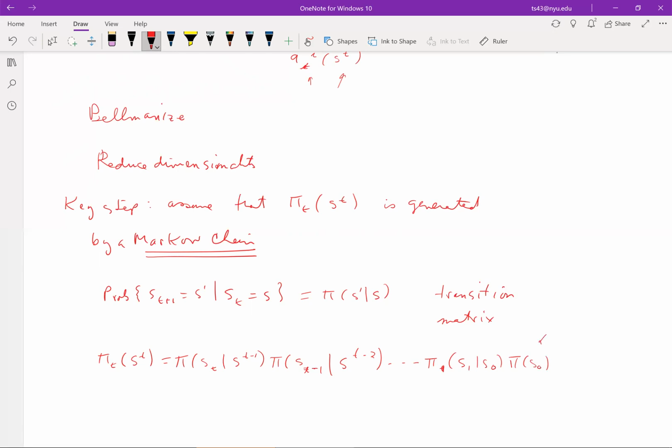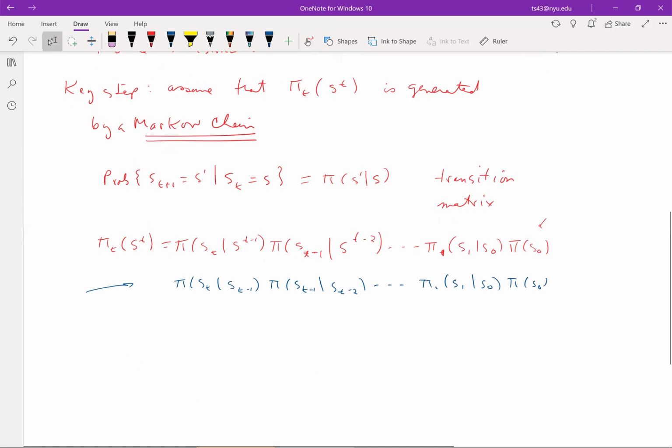But now, with the Markov property, we can replace this with the simpler expression, and this is the key step. So we're going to now assume Markov.